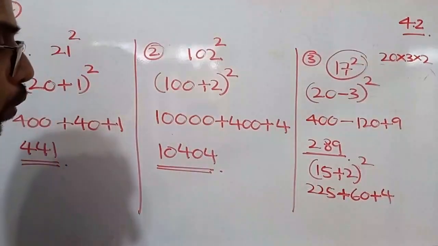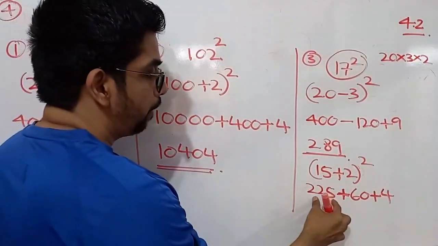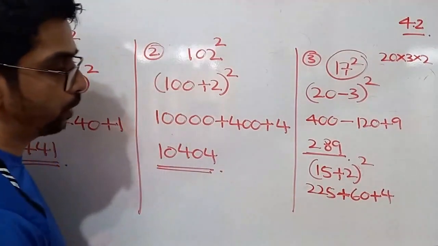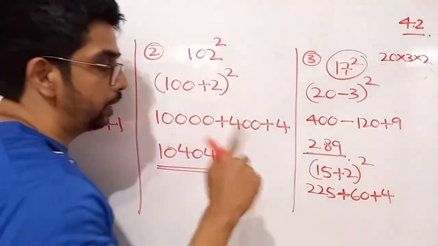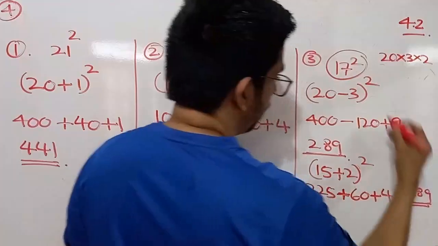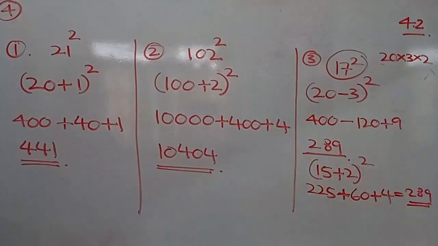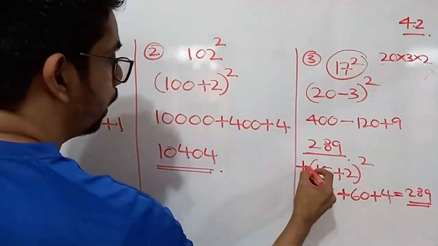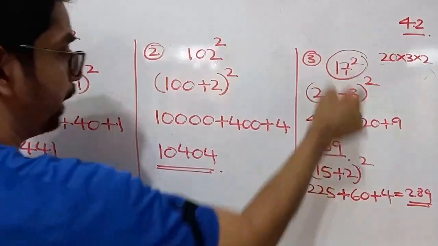Right? So 225 plus 60, that is what? 285. 285 plus 4, that is what? 289. We can get the answer from both these methods. Right? So this is another way we can get the answer. Either of these is fine.